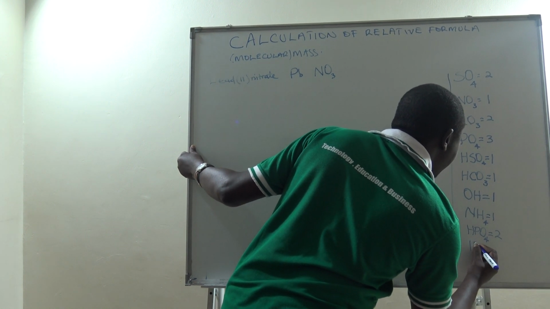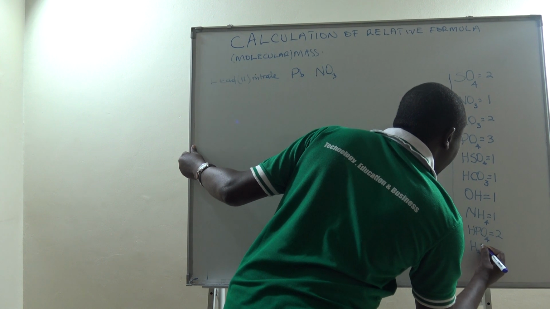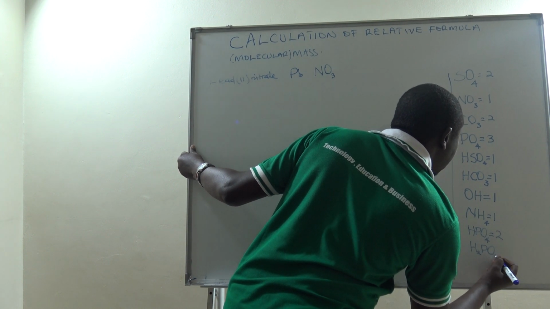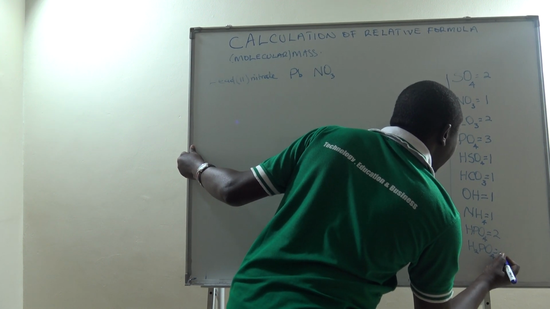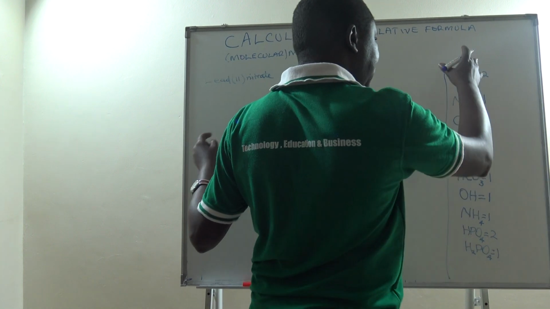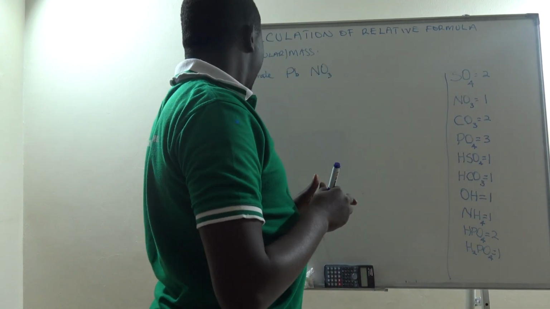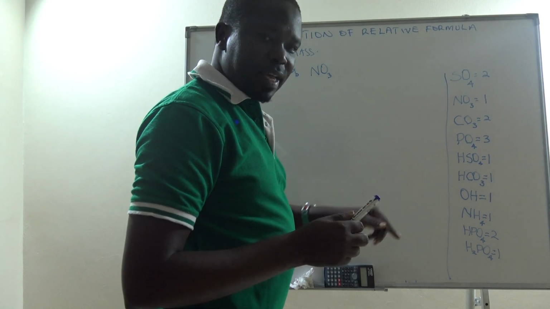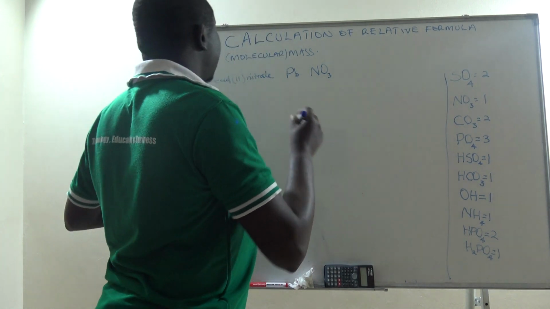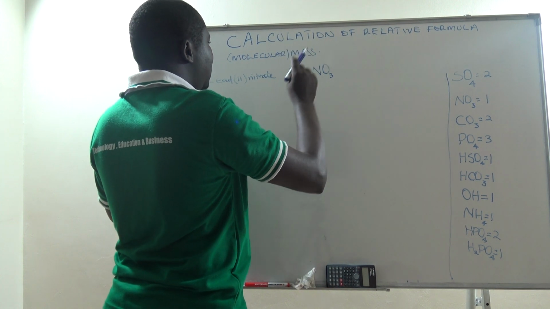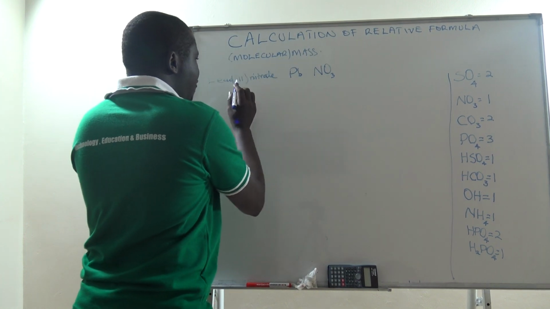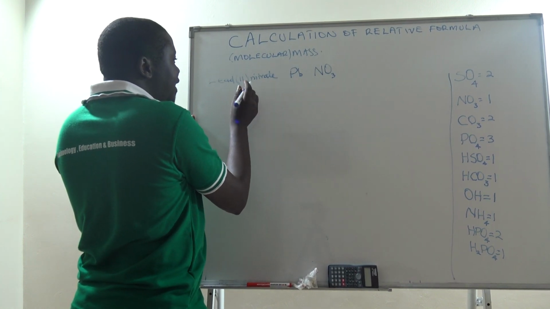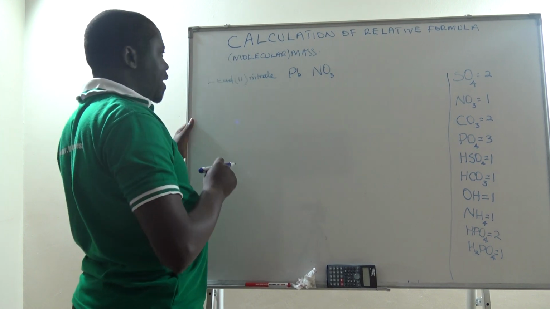Then we have dihydrogen phosphate, whose valency is 1. So we shall be using the valencies of these radicals in finding the formula of a compound in which the radical is found. Let us look at lead 2 nitrate. What you are seeing in the bracket is the valency of the metal.